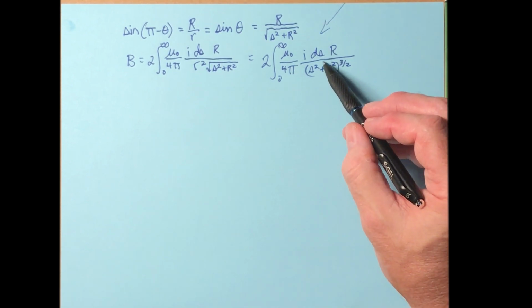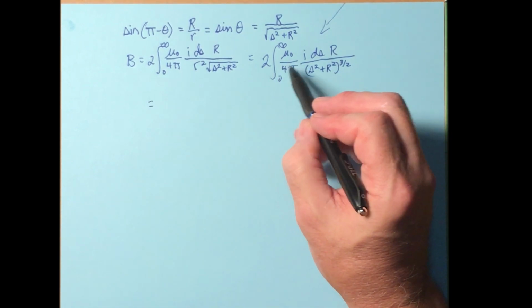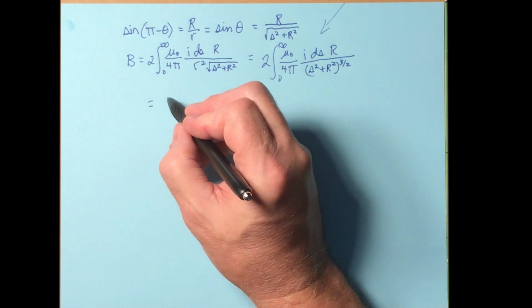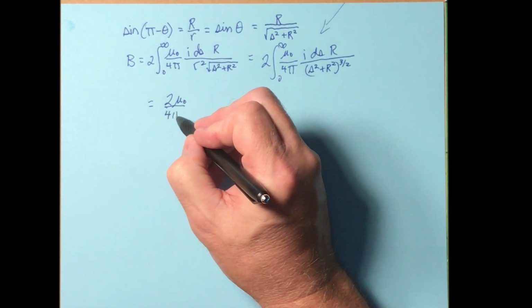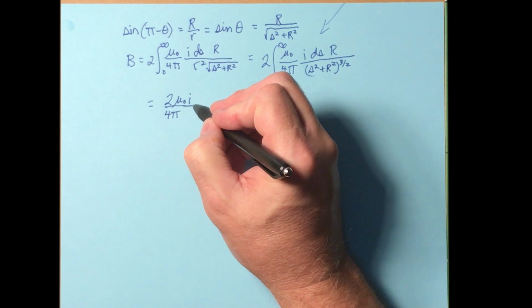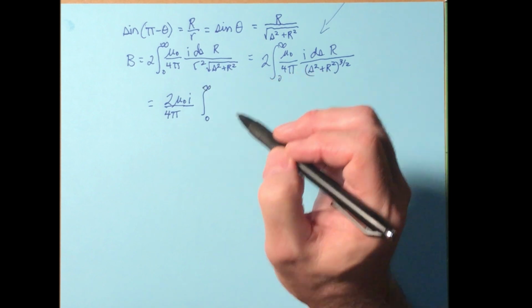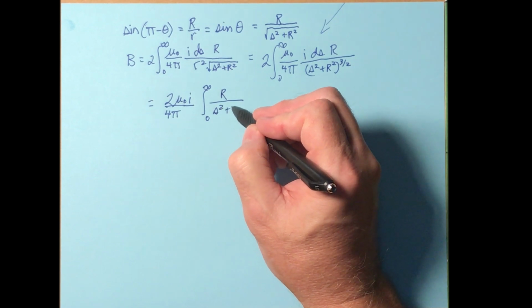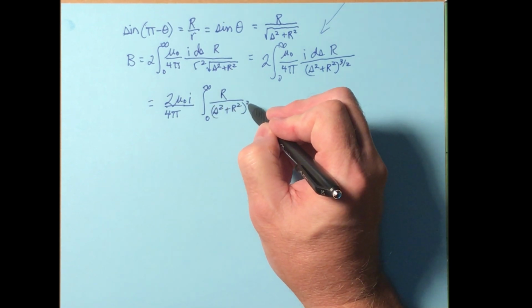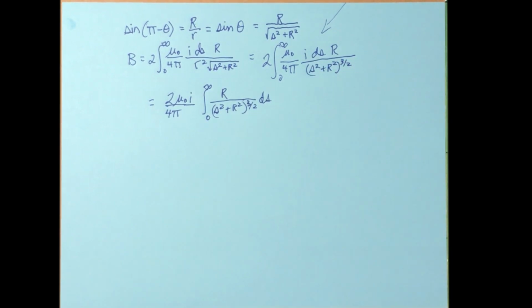This is something now that we will be able to integrate. So the total B is going to be, let's factor out everything that's a constant here. The 2 is a constant, the mu naught is a constant, the 4 pi on bottom is a constant, I is a constant, and what have we got left? From 0 to infinity of big R over s squared plus R squared to the 3/2 power times ds. Now this is the type of integral that you should be able to complete.